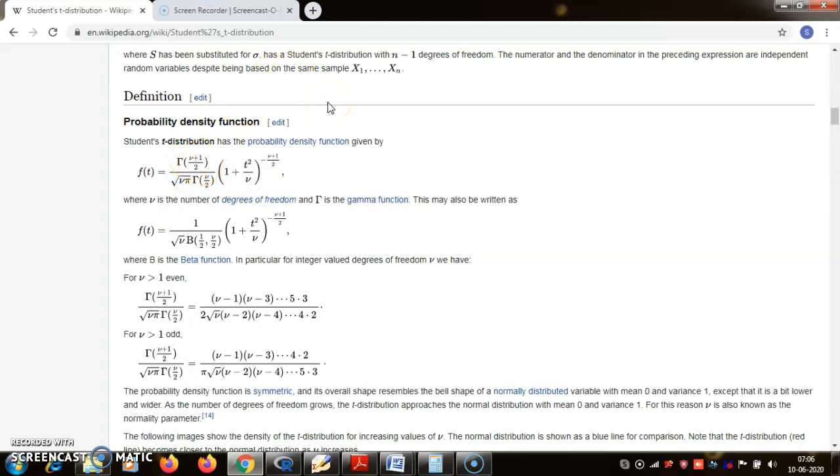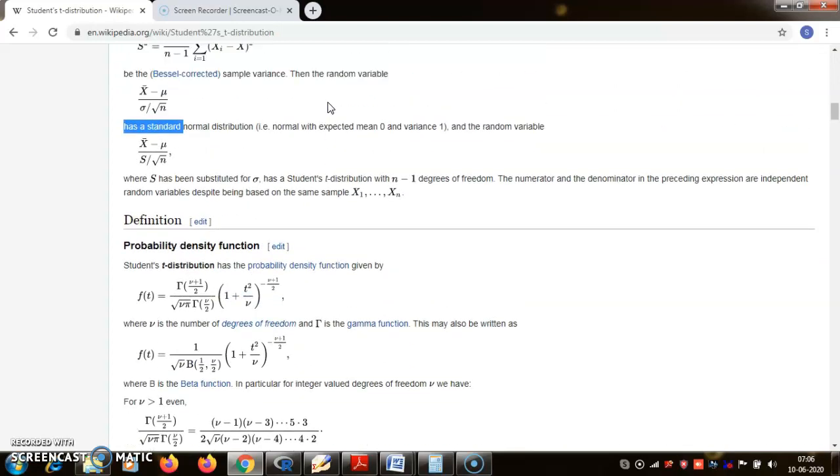distributions. Like in the earlier paragraph, it is said that (x bar minus mu) by s by root n follows student t distribution with n minus 1 degrees of freedom. So you have to put n minus 1 here. So what would be the formula? 1 plus t square by (n minus 1), raised to the power minus n by 2, because n minus 1 plus 1 is n.